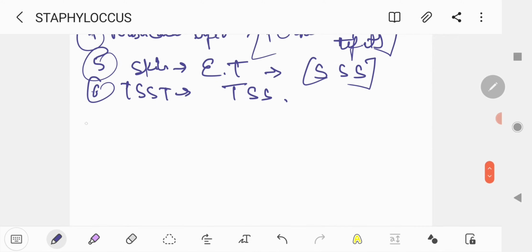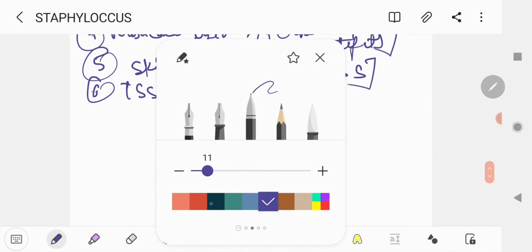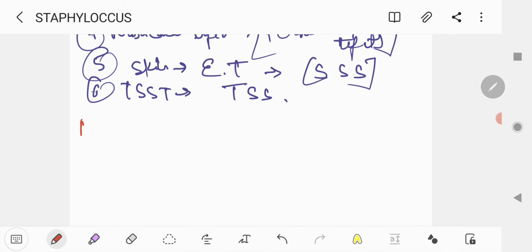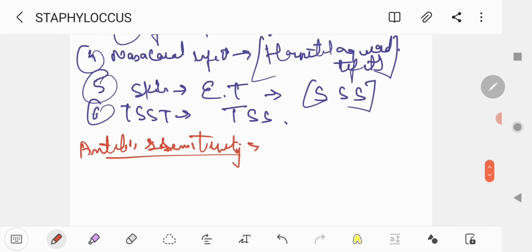Then the next point, which is antibiotic resistance, susceptibility or sensitivity. Sorry for my writing and my vocabulary. Basically here we see that Staphylococcus is the most resistant organism.